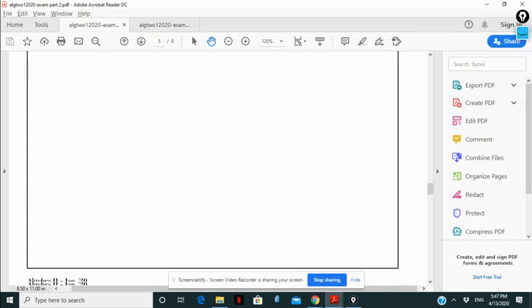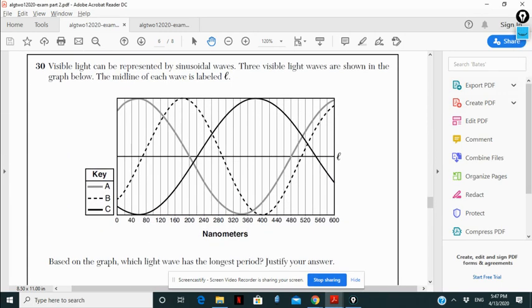Question number 30. Now, to find the longest period, I have to find the length for every line. So let's start with the gray line.